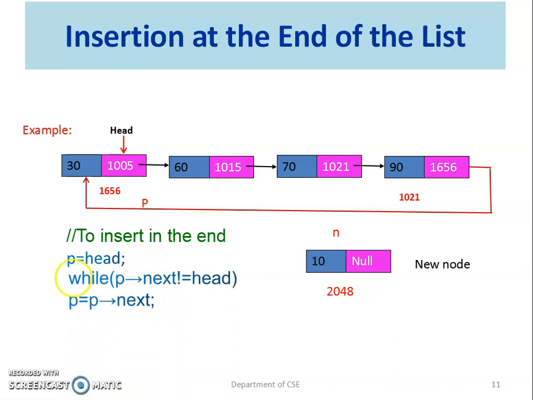The pointer P is made to traverse through the list until it reaches the last node. In the singly linked list, the last node is identified as the node whose next pointer is null. But in singly linked circular list, the last node is identified as the node whose next pointer is pointing to head.